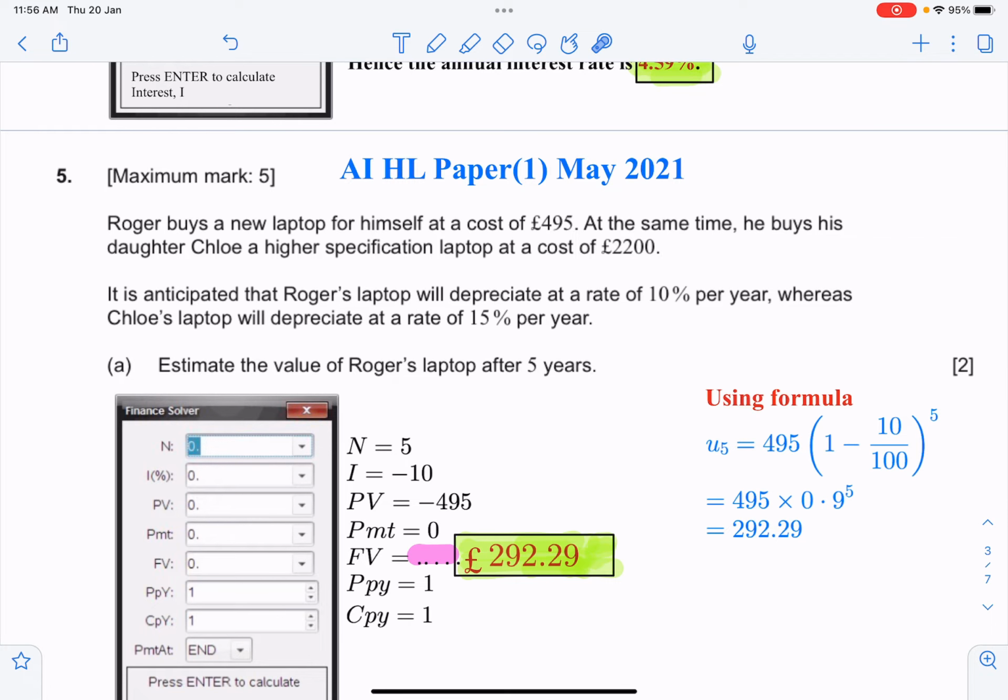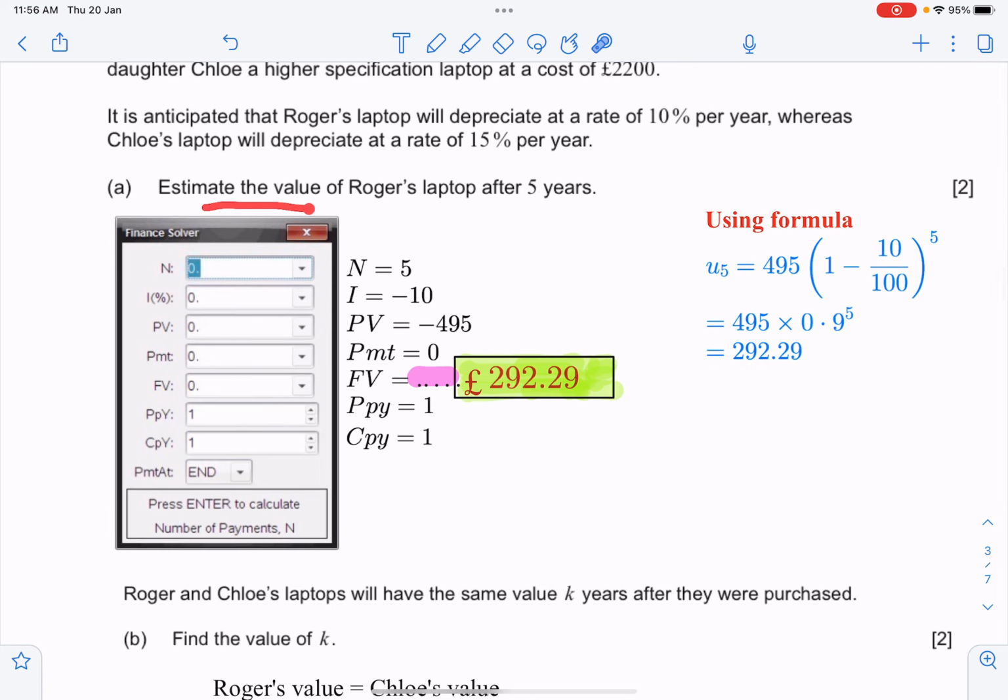Okay, it is anticipated that Roger's laptop will depreciate at a rate of 10% per year, whereas Cole's laptop will depreciate at a rate of 15% per year. Okay, so the cheaper one will be depreciating at a cheaper rate, and the expensive one will be depreciating at the higher rate, 15%.